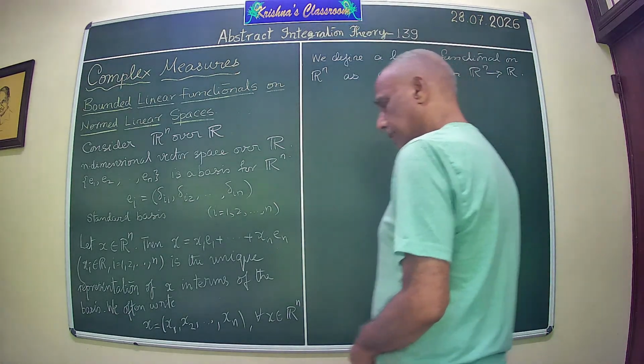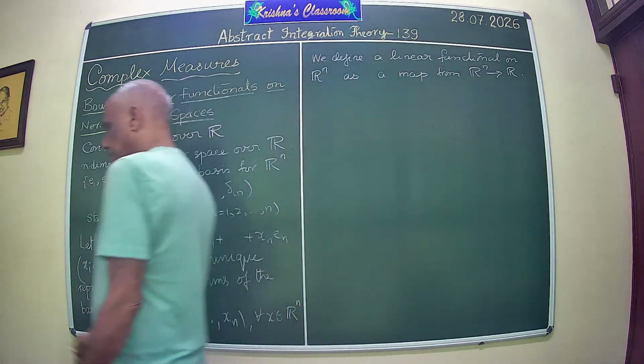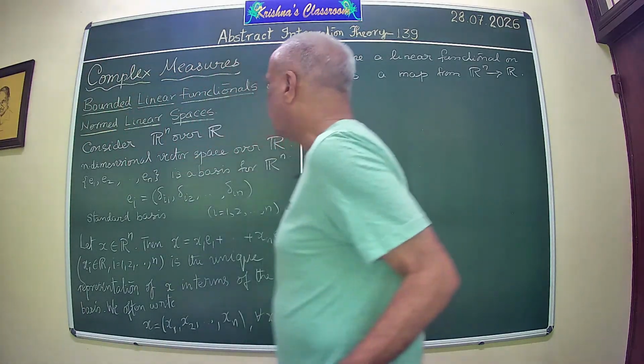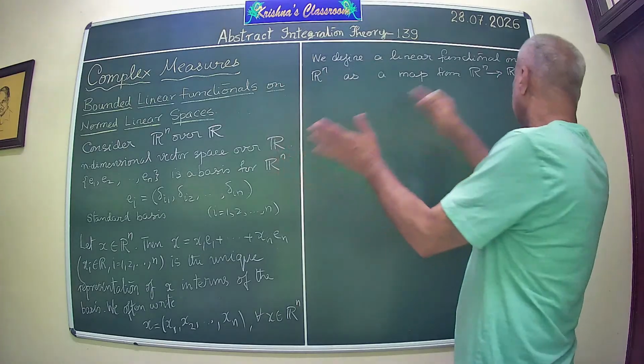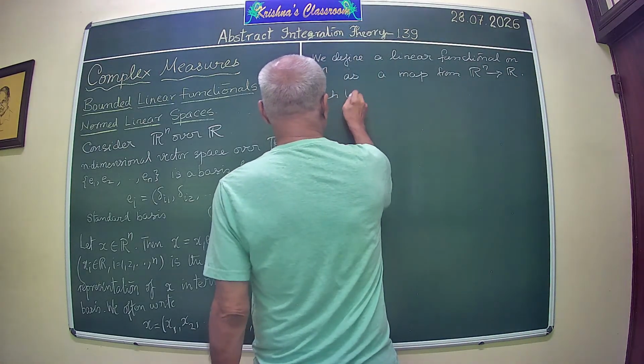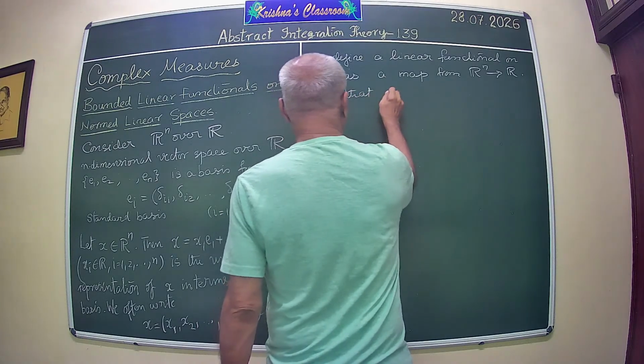So in a general case, if you are considering a finite dimensional vector space, it is defined over some field, and then that will be the map from the vector space into the field such that it is linear.